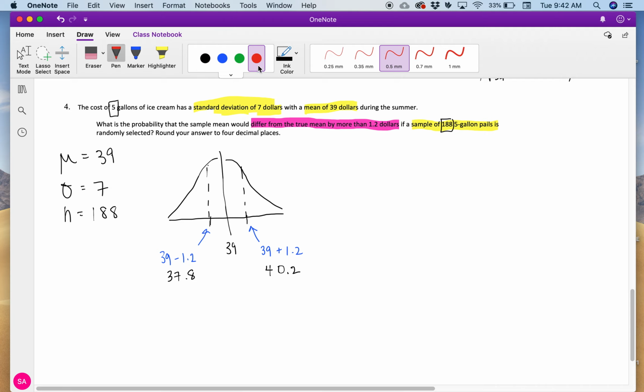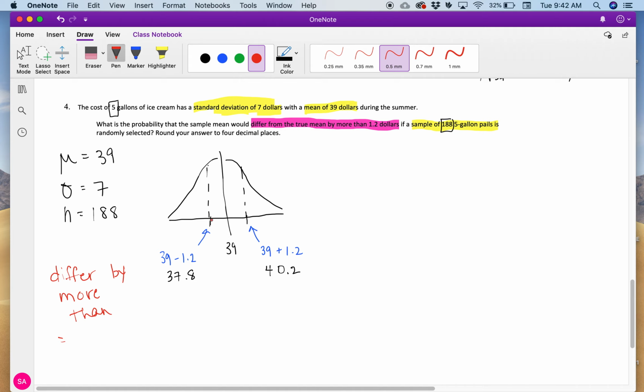Now, this one's different because, again, of the more than. So here we have differ by more than. So remember with the last problem, when we have differ by less than, we shaded the inside. We wanted to know the area between these 2 points. Well, this one's different. It says differ by more than.